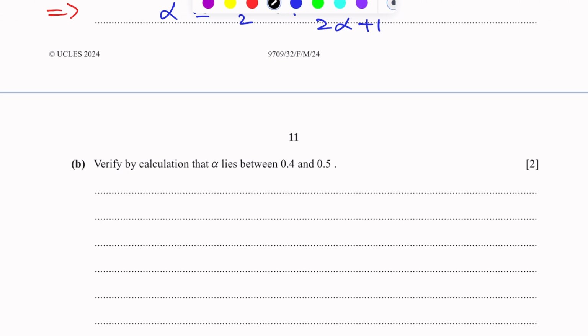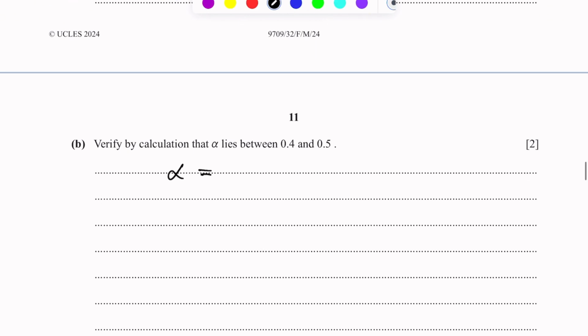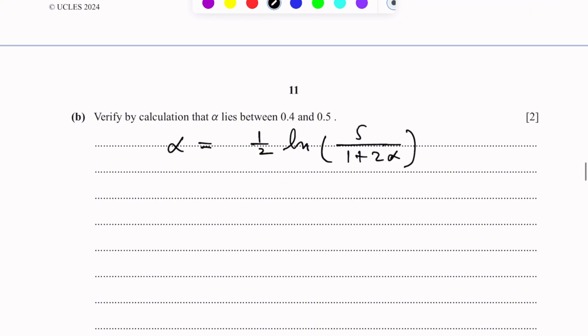Alpha is equal to 1 over 2 log 5 over 1 plus 2 alpha. Now we can write it as alpha minus 1 over 2 log 5 over 1 plus 2 alpha.